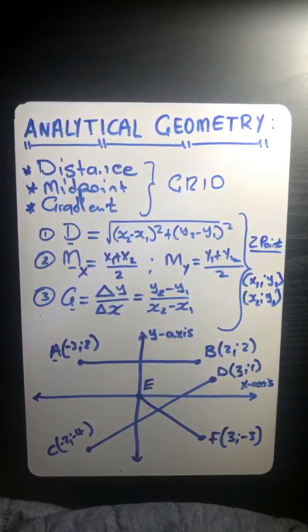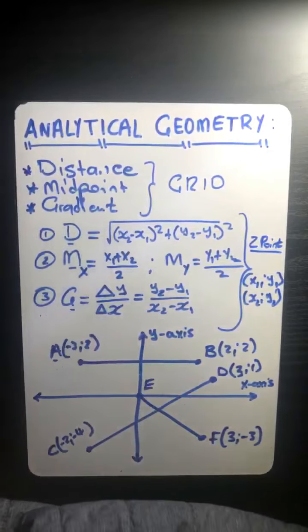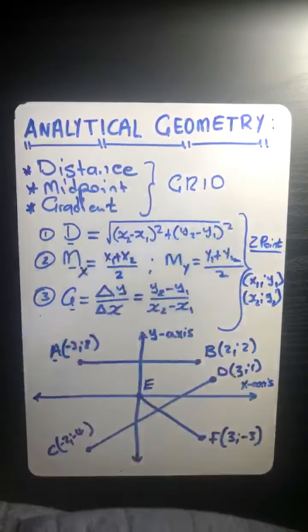If the answer to that question is a big yes, then you can go and choose the relevant formula. The first question said calculate the distance, which means you're going to use the first formula.